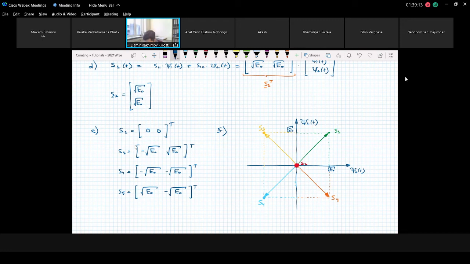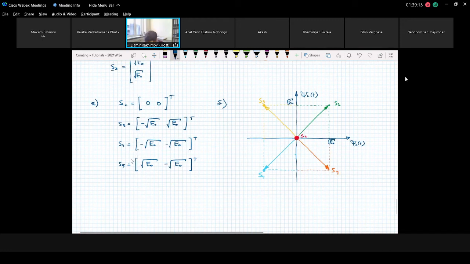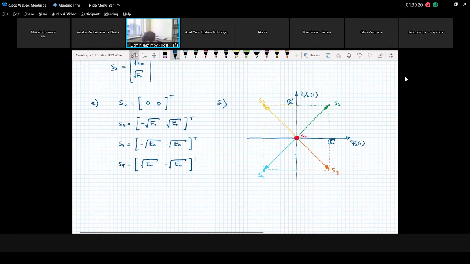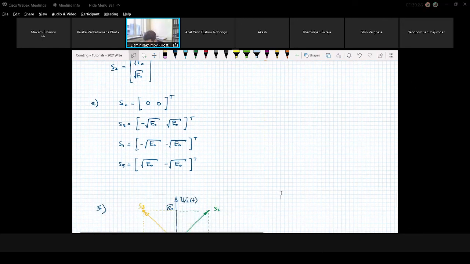So let me move the signal space down. We will come to this part in a second. Before we come to the signal space, I will show how the time domain signals will look like.